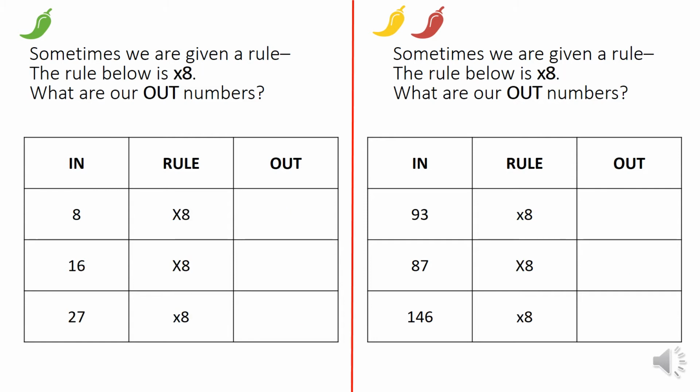Moving on, this rule is multiply by 8. Can you work out what the out number would be when you have the in number? Again, take a pause in the video to work out your answers. Here are the answers. Check them against your own.